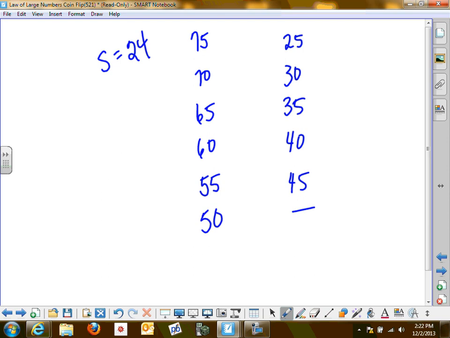We got two 70s. 65%, how many 65% do we have? This is the end percentage. 60%, just two. 55%, two. 50%, how many 50 percentages? Four. Wow.